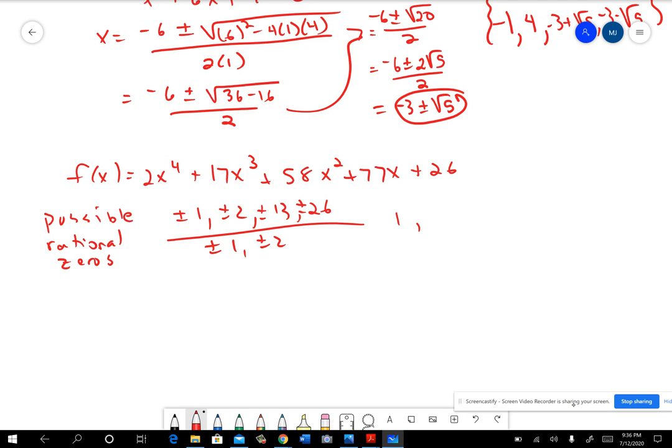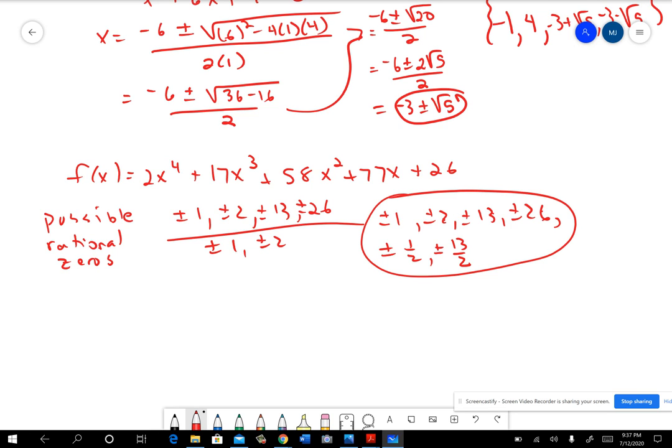So 1, plus or minus 1, plus or minus 2, 13, and 26, but then also plus or minus 1/2. 2 over 2 would still be 1, 13 over 2, and then 26 over 2 would be 13. So we'd have to try all of these. Okay, we don't have to try them all, but we need to use those.